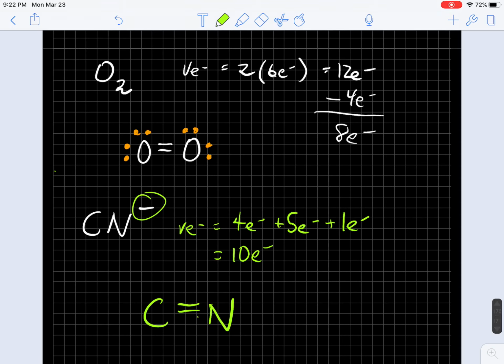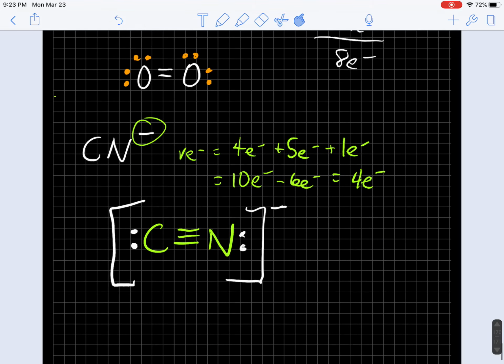Now, if you're off by 2 pairs and you only have 1 connection between atoms, we can go back and do a triple bond here. That will use up 6 of the electrons and leave me 4 to complete the octets. Each of the atoms already has 6 of the 8 electrons, so the carbon and the nitrogen need 2 more. Lastly, if it's a polyatomic ion, you put brackets around it, and you put the overall net charge outside the brackets.